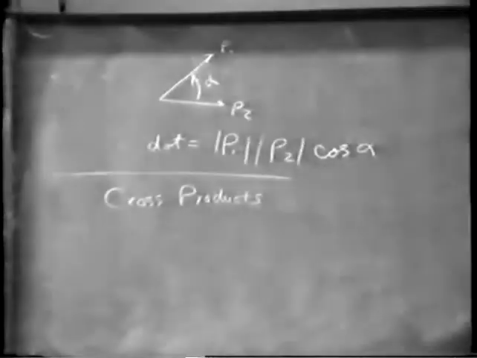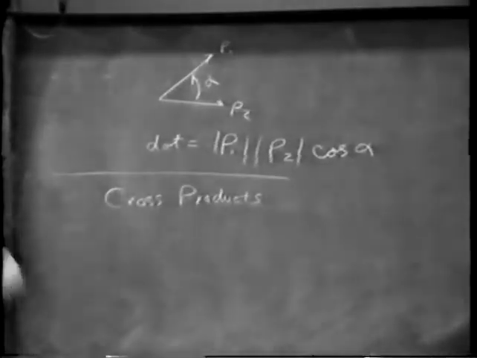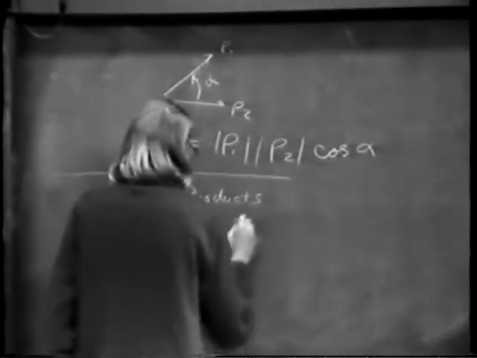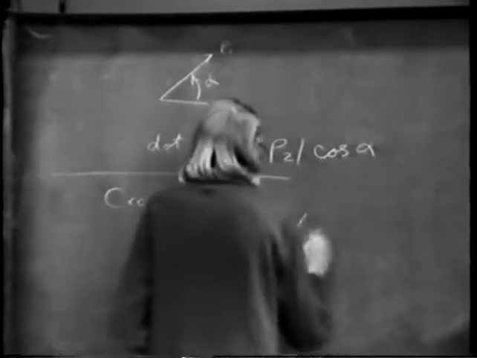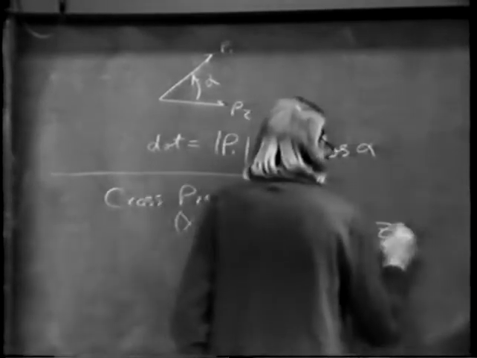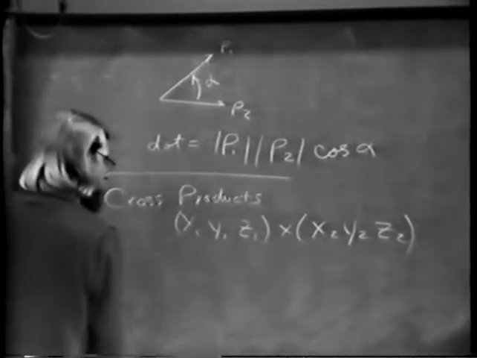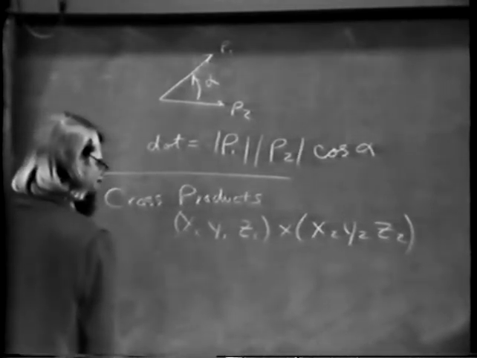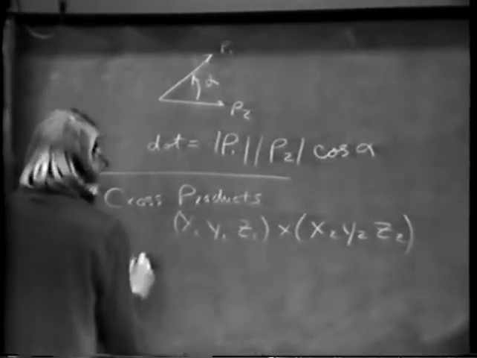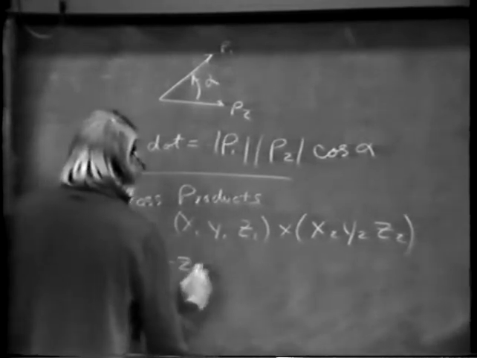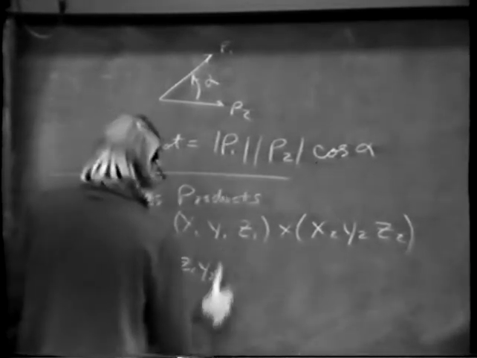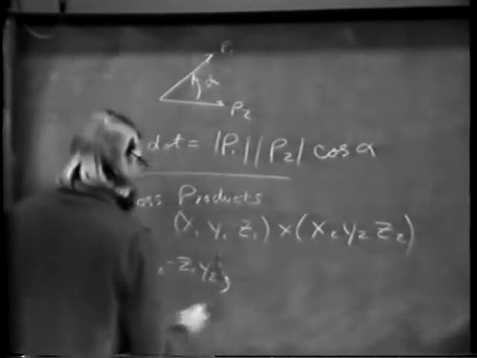The cross product of two vectors is another vector in this case. And it equals, I have a good chance of getting this backwards now, y1 z2 minus z1 y2 is the x coordinate of it.